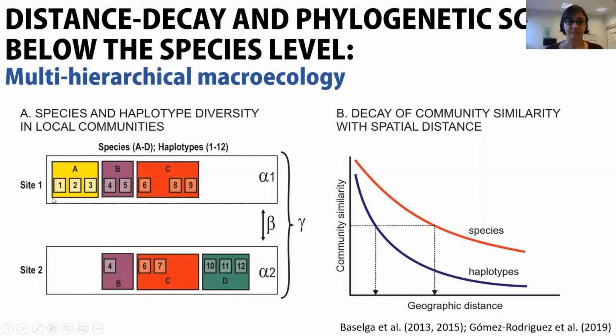So you can do the same and compute how many haplotypes two communities have in common. So you can compute the distance decay pattern from biotic similarity at the haplotype level in the same way as you would do it at the species level.